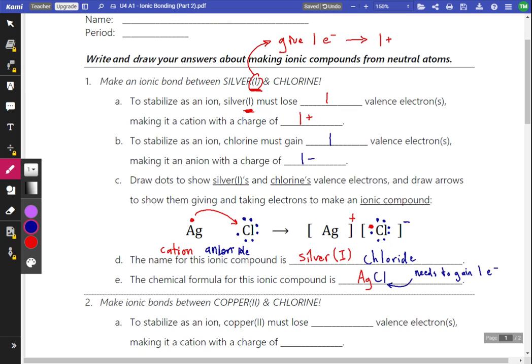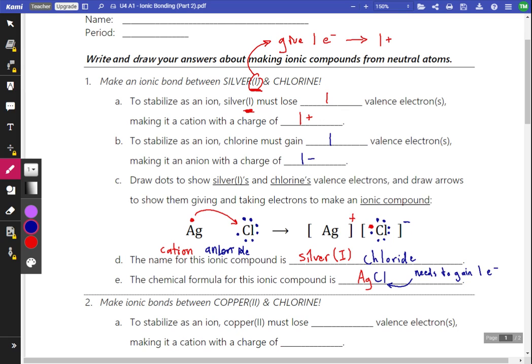Okay? So I can figure it out based on usually the nonmetal that is more strict on how many electrons it needs. Okay? If chlorine needs 1 negative electron to kind of become satisfied, then silver's got to give that 1 up. If we were dealing with something like oxygen or sulfur that needed 2 electrons, then our metal would need to give up 2 electrons.